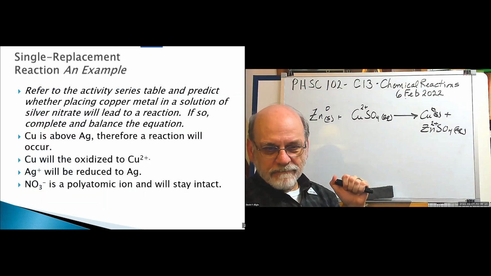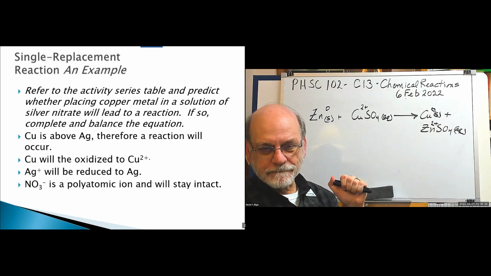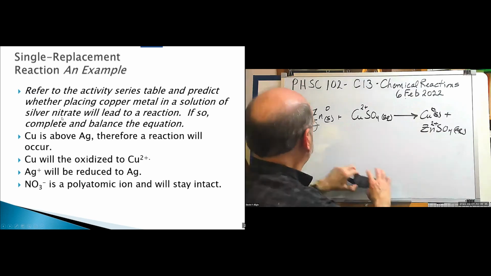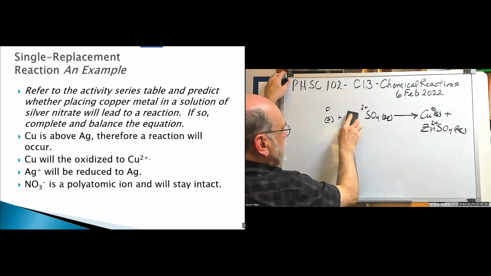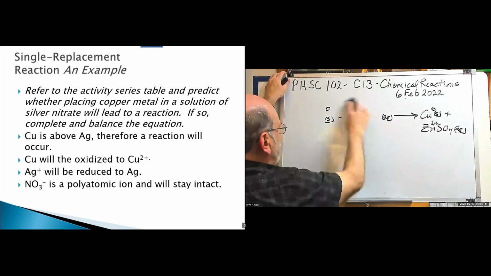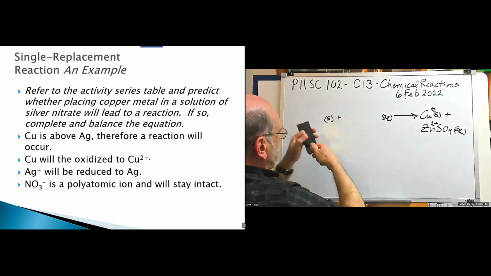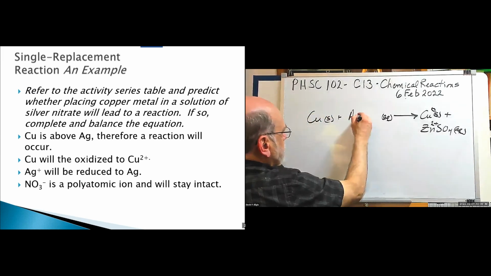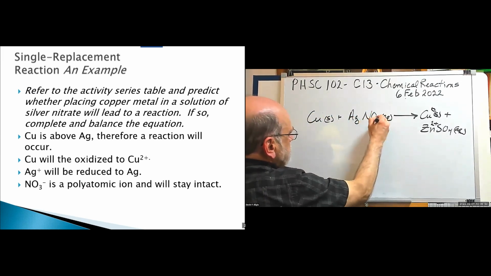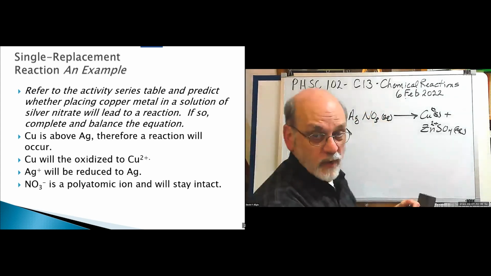Okay, let's see. Now they're saying reacting copper metal with a solution of silver nitrate. So if we put copper in here and silver nitrate, will we get a reaction?